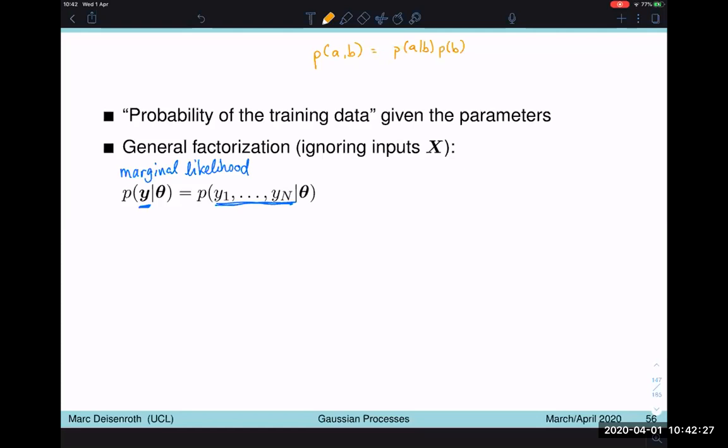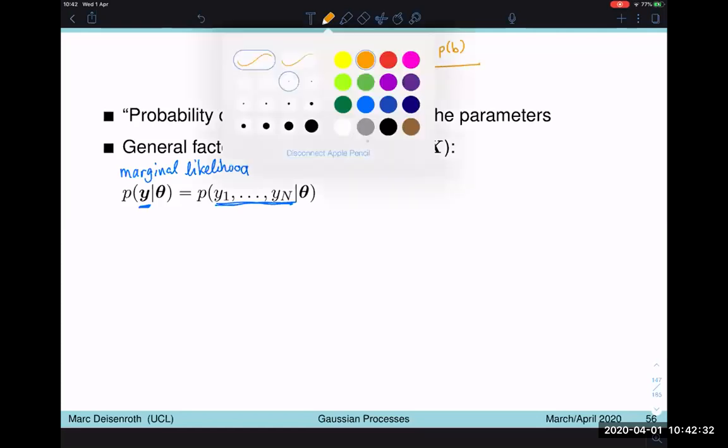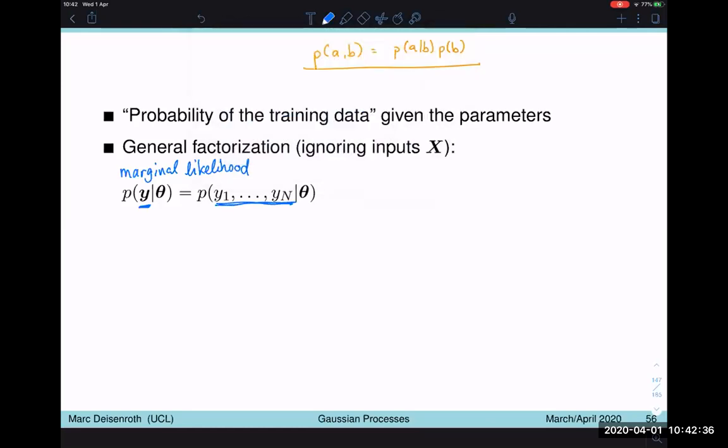Do you remember that from one of your introductory courses? Okay, cool. So we're going to do the same thing here. We're going to write this as P of Y1 times P of Y2 given Y1.